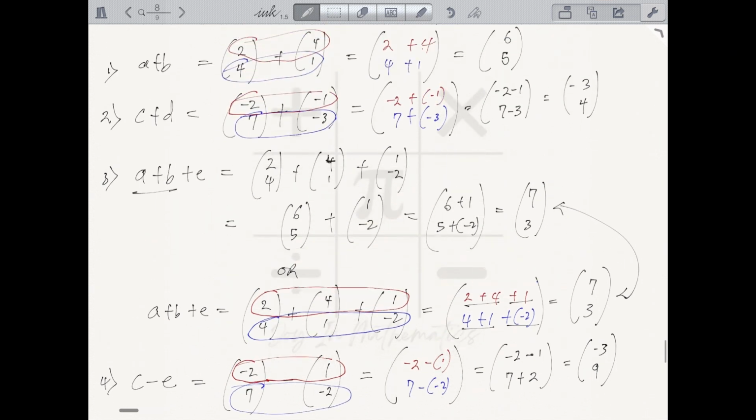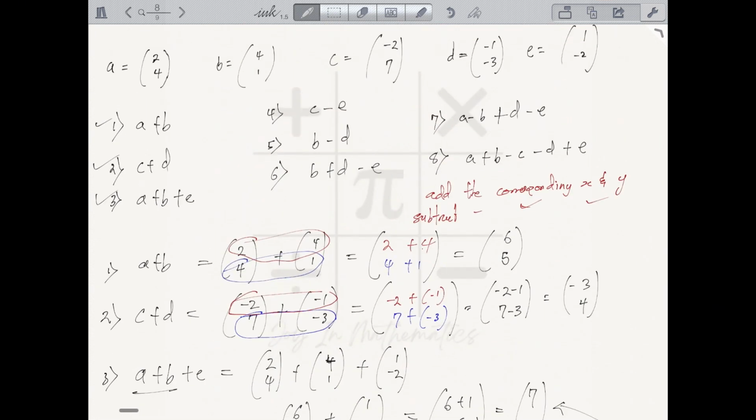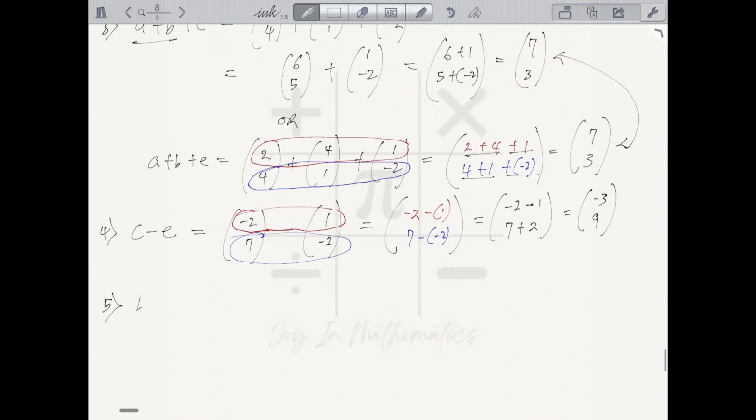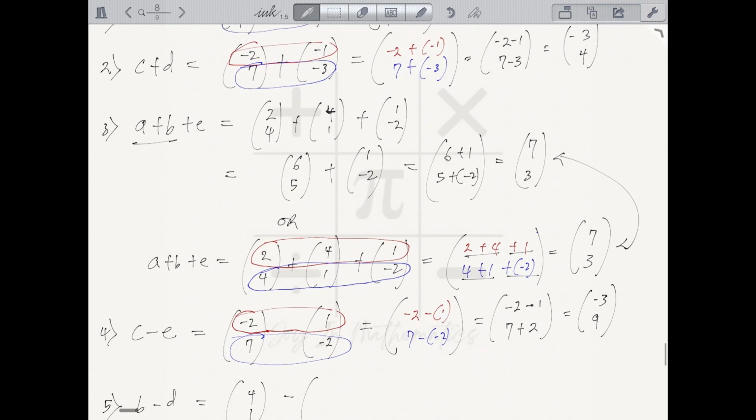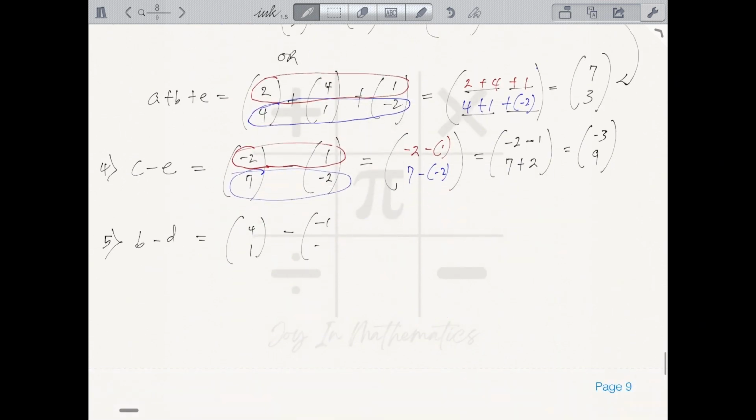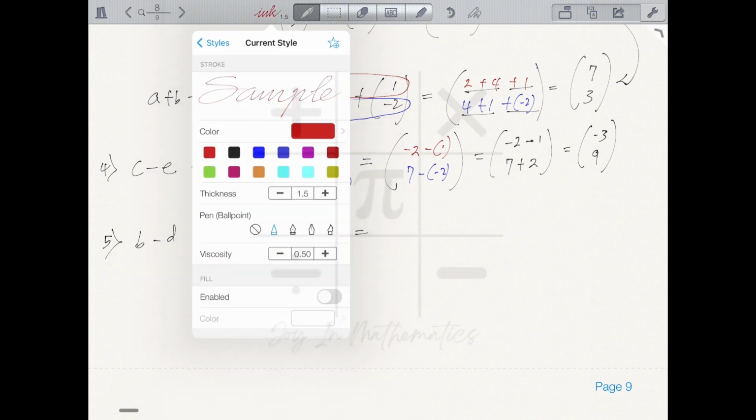Question 5 says we should simplify B minus D. B is (4, 1). D is (-1, -3). So let's resolve now. We take the x component first.